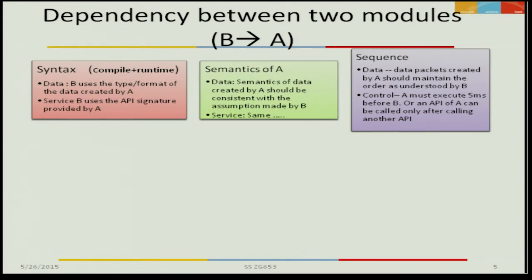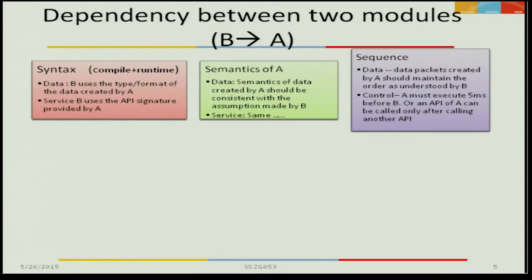A is streaming some data and B is consuming that, and there is a meaning to those streams. They are not just unordered, they are an ordered stream. Therefore the ordering semantics generated by A should also be understood by B. For example, A might send the header first, but if B assumes that there is no header, then there is a problem.